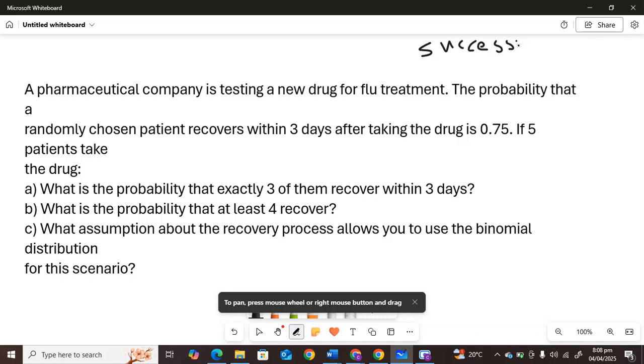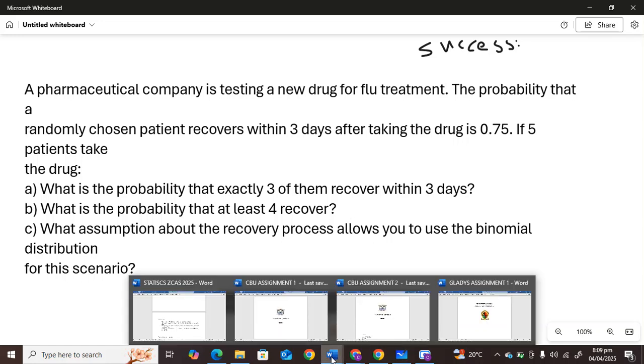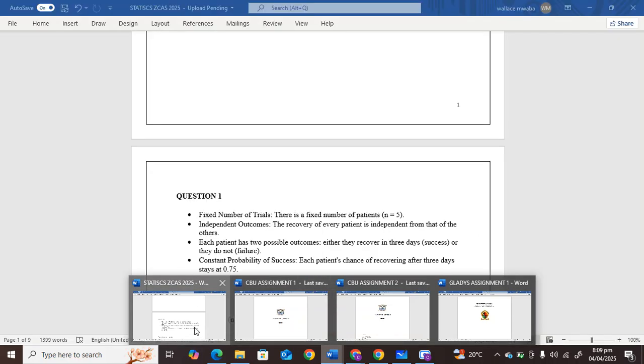So we're going to look at first part A. We want to find out what is the probability that exactly three of the people who take this drug recover within 3 days. So let me just get down the formula for a binomial distribution.